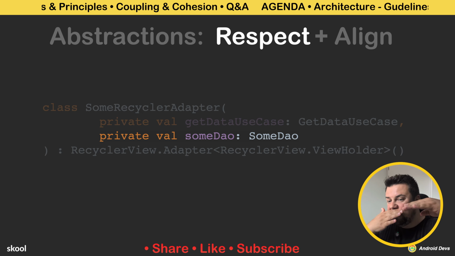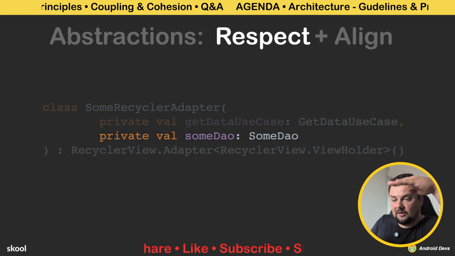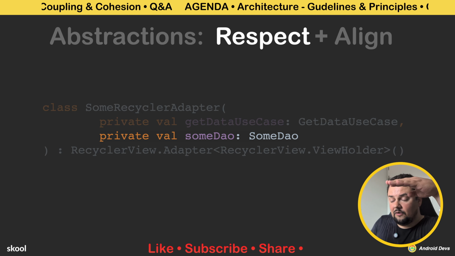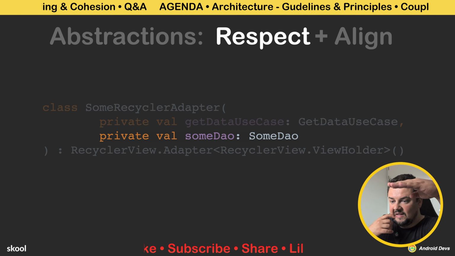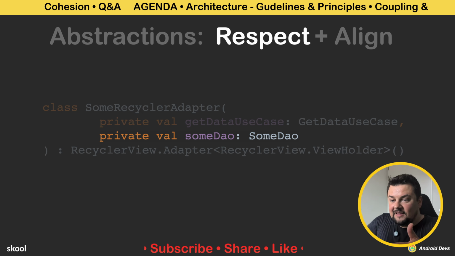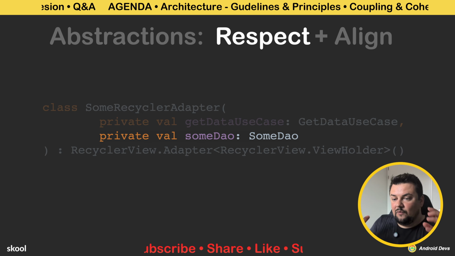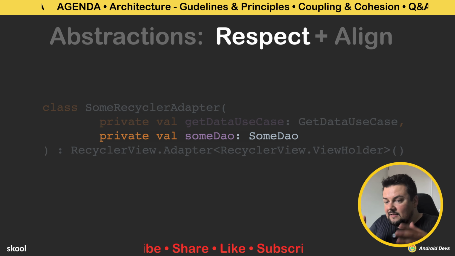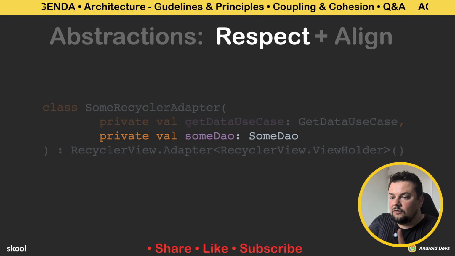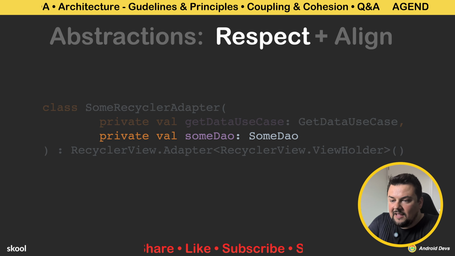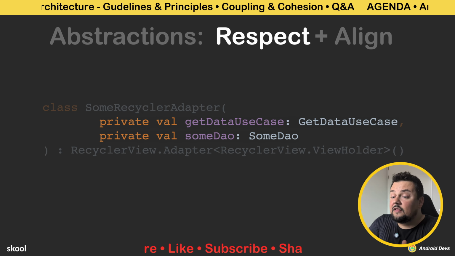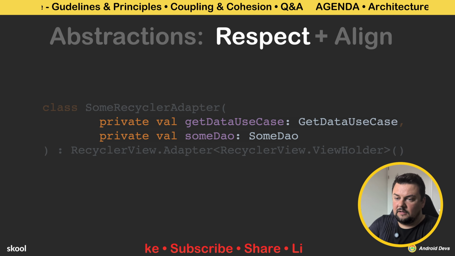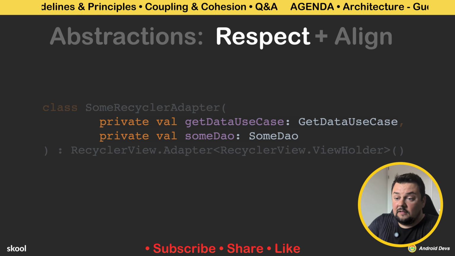The adapter being part of the UI is a much higher level of abstraction compared to the use case or even the domain, the DAO. The DAO is much lower. Now by injecting them, we are coupling the UI with such a low level detail. This makes it so hard to maintain, to work with the system, to do anything. And I saw this in one of my previous projects back in the day. This is clearly a problem.